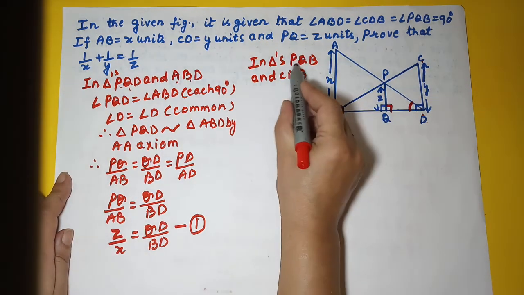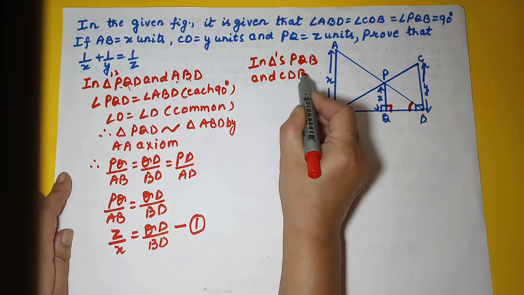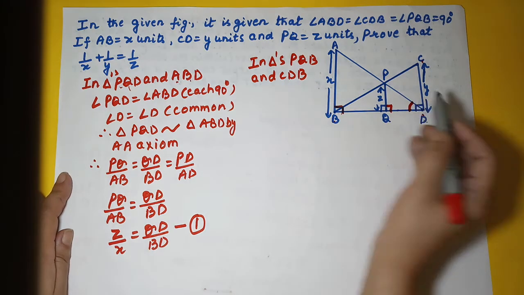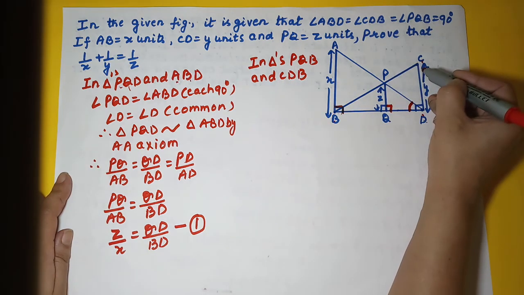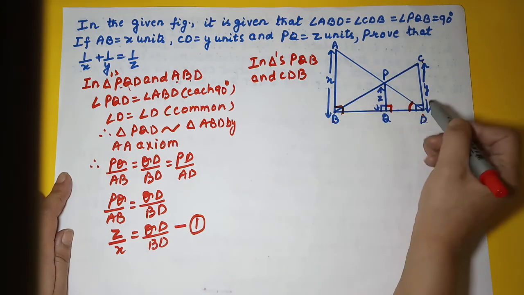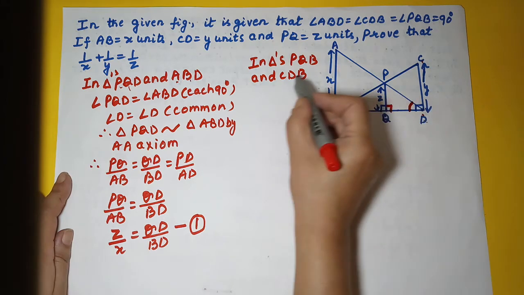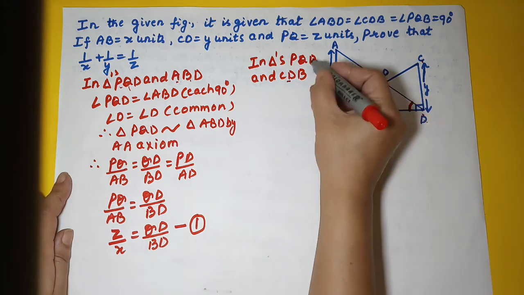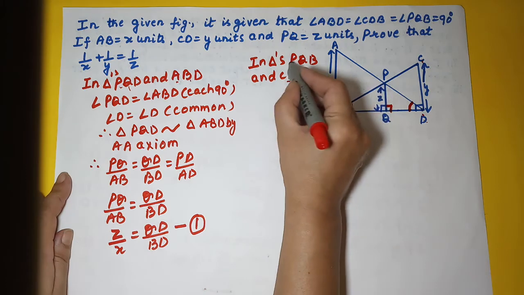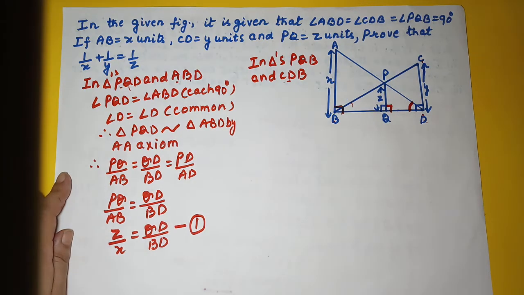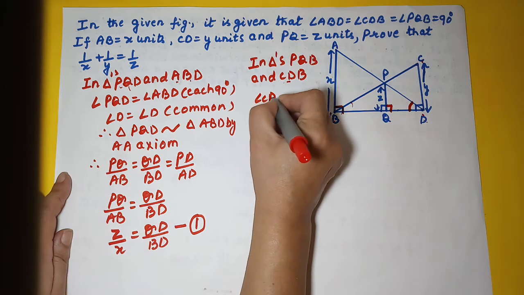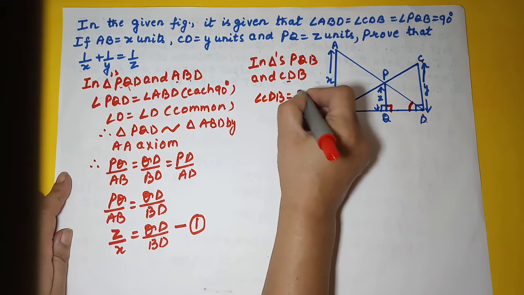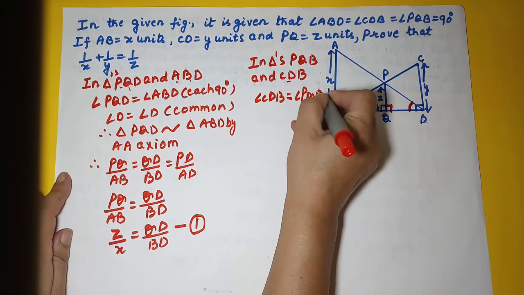Right? Here you have to set this in the order of their angles which are equal. P is this and C is this. Q and D. Q is 90 degrees and D is also 90 degrees. B is the common angle, right? Make sure that you write this in proper order. So then we can say angle CDB is equal to angle PQB, right?